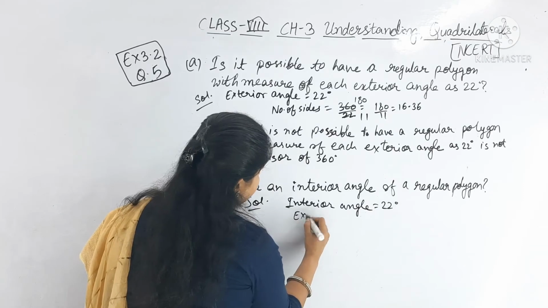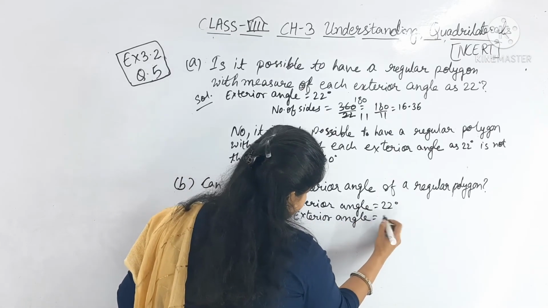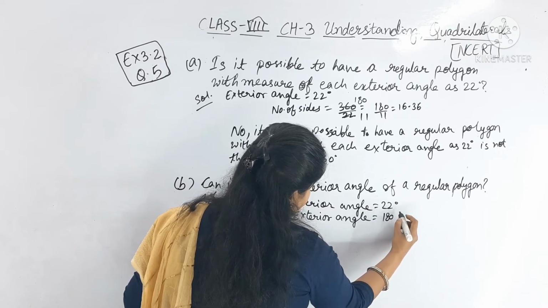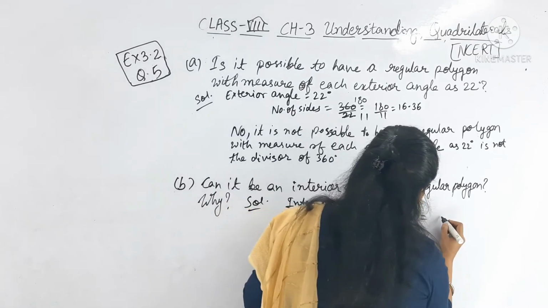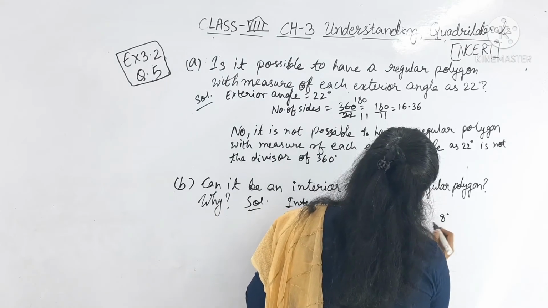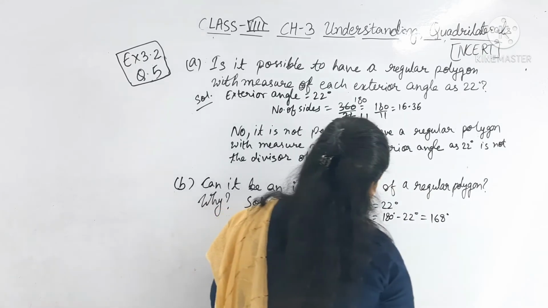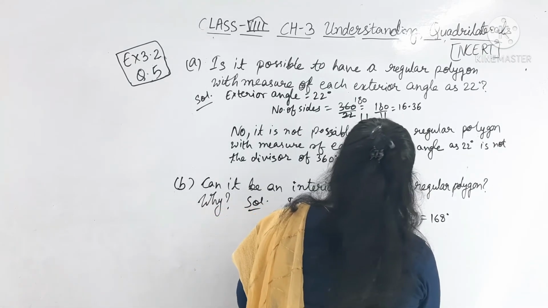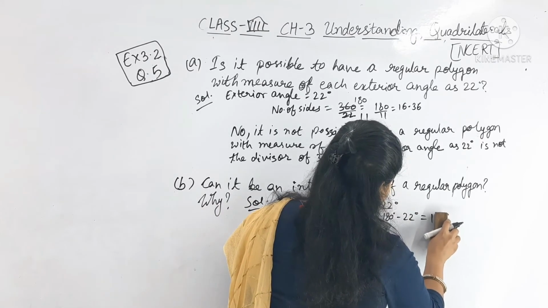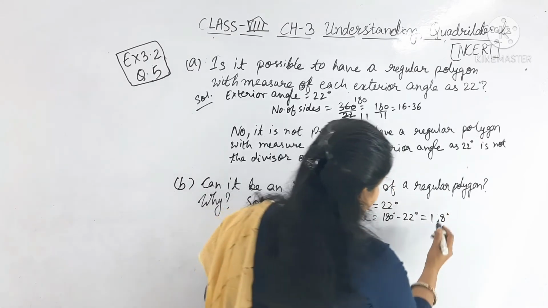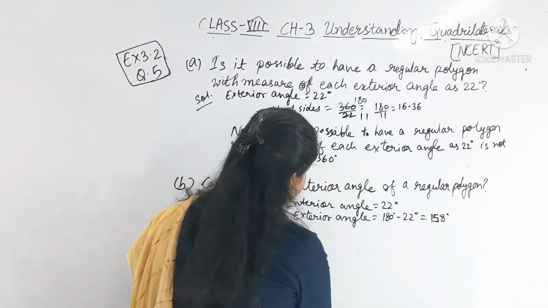So exterior angle will be 180 minus 22 degrees. So that is 158 degrees.